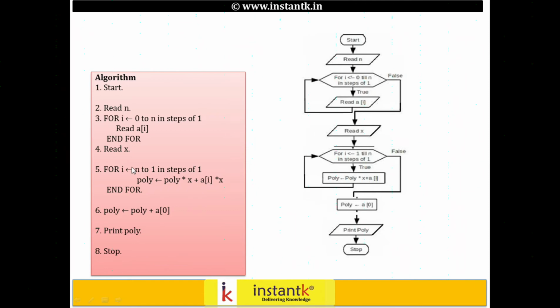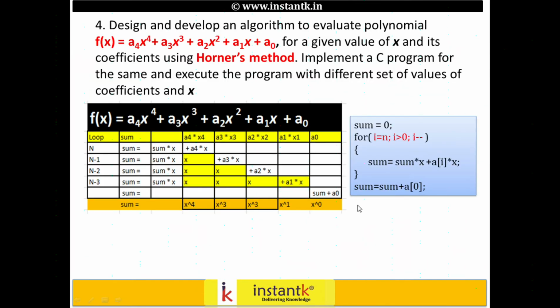The a[i] goes down starting with 4, 3. Initially sum is 0, so a[4] multiplied by x; next time that is multiplied by x again, so x square, a[3] times x; then sum is multiplied by x again, here a[2] of x, like that.